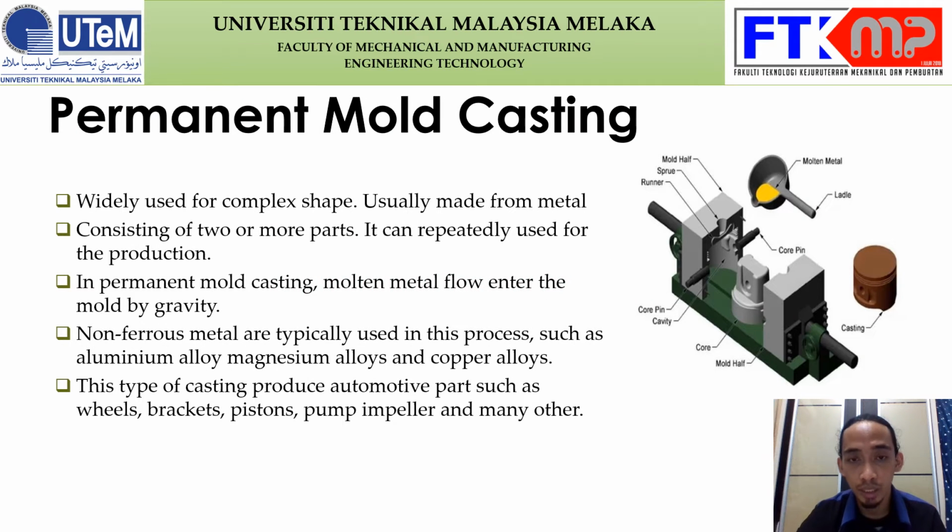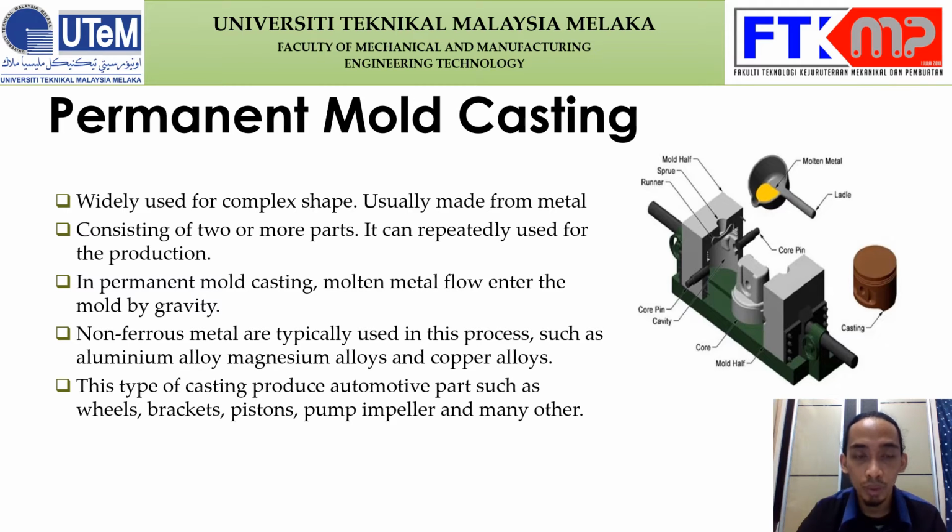Permanent mold casting is one of the types that we use for this research. Basically, this permanent mold casting is widely used for complex shapes, usually made from metal, consisting of two or more parts. It can be repeatedly used for production.